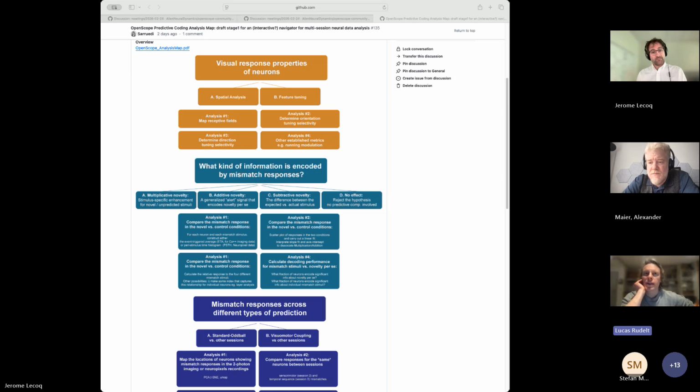Maybe for that, it would be nice to have some standard analysis that we apply to all of the data, like the oddball analysis that we had, just to showcase that we can find these in the different modalities. I think now we're really getting to a point where we have to specify what would be the scope in terms of analysis.